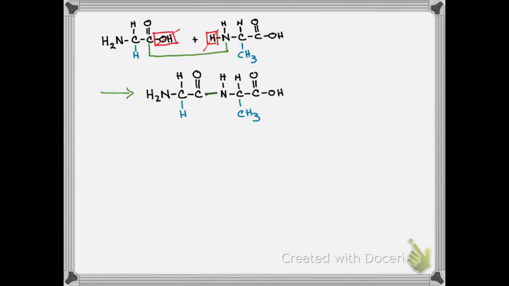There are a couple of things that you should note about the structure of peptide chains or proteins. If you look, one side of my amino acid, the side on the left, ends with an NH2. And the other side ends in a C double bond O OH, a carboxylic acid group. We call the side of the chain that ends in NH2 the N-terminus. Kind of makes sense because it ends in nitrogen.